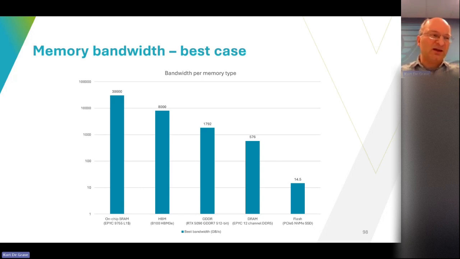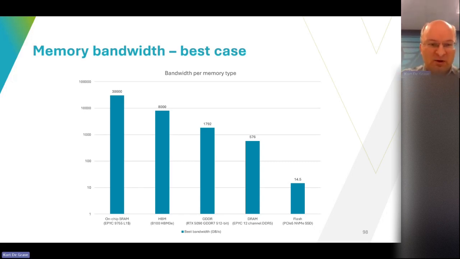All of these key and value and query matrices need to be stored somewhere. And all of these embeddings of previous tokens need to be stored somewhere, and they need to get to the compute in order to be used. So memory bandwidth is, as I said, often the limiting factor.